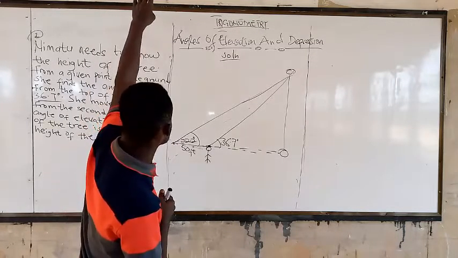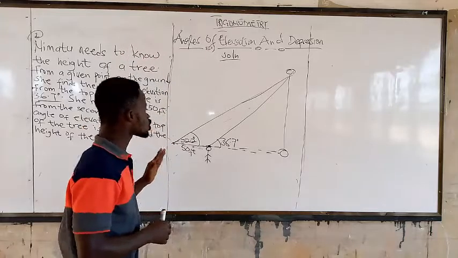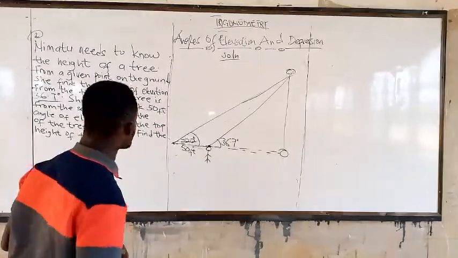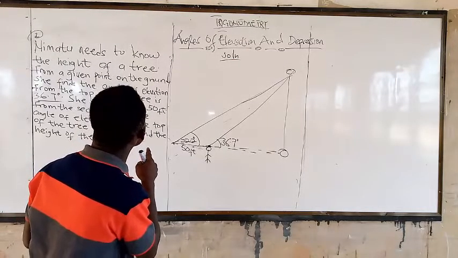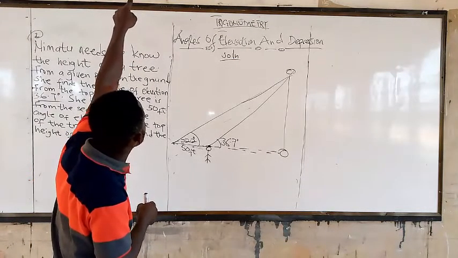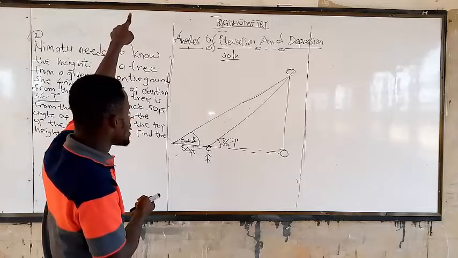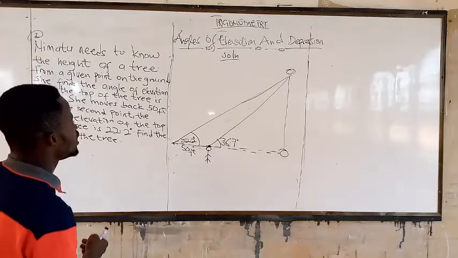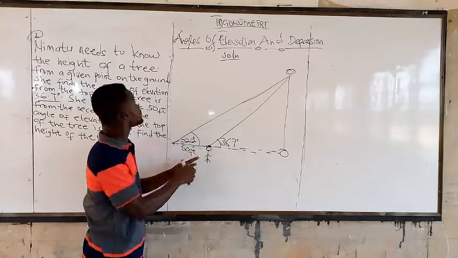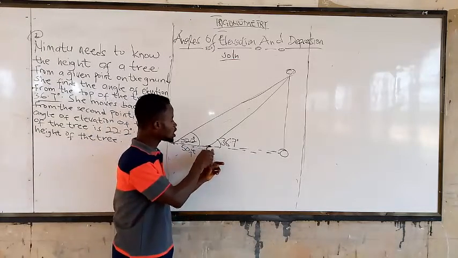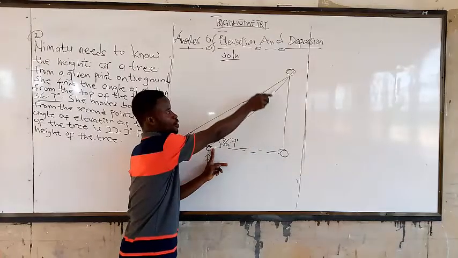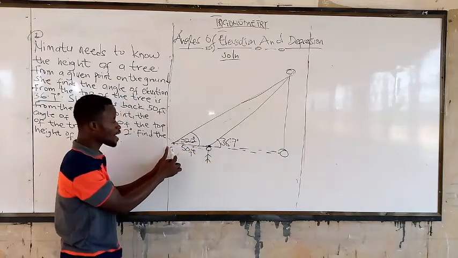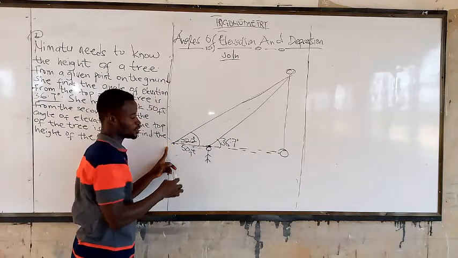Very good. Please, it is always important for you to note that the more you get closer to a building, the larger the angle. So if I'm here, the angle I'll form looking at the top of this building will be bigger than coming backwards and looking at the angle. That is why the angle closer to the building is bigger than coming backwards more and looking at the building again.